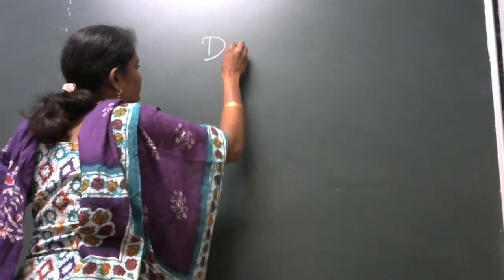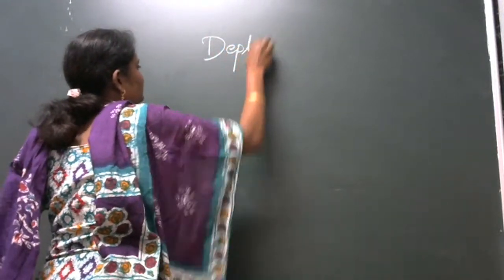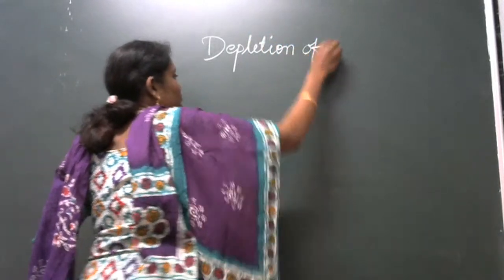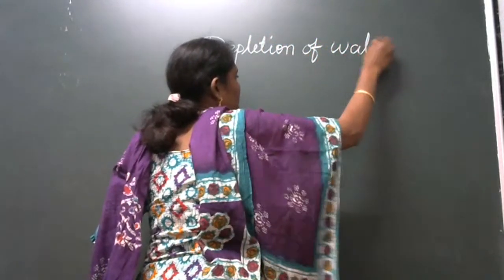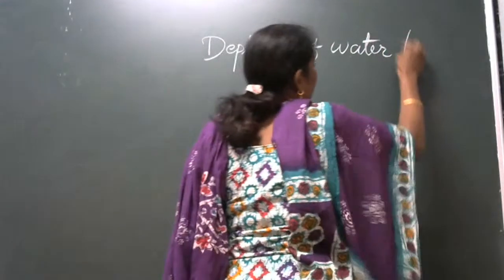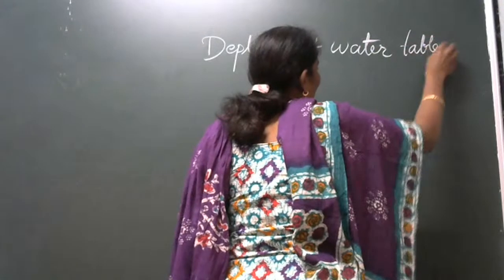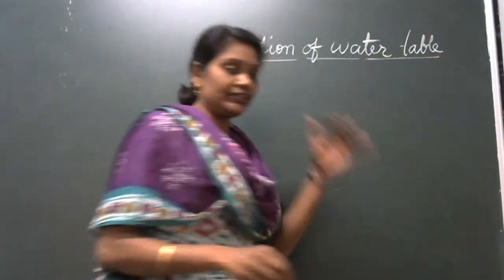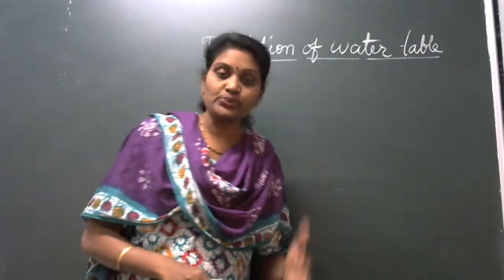Now, depletion of water table. What might be the depletion? Depletion means again reduction, to reduce.